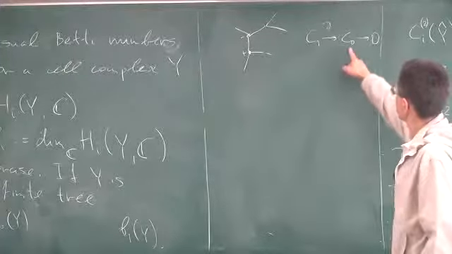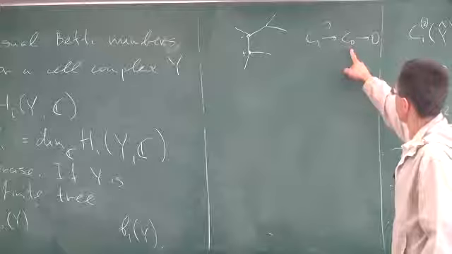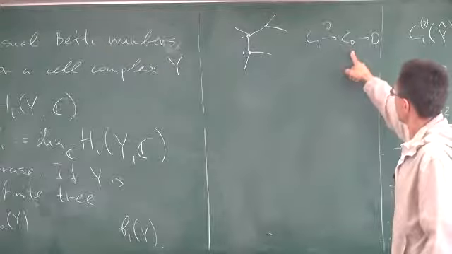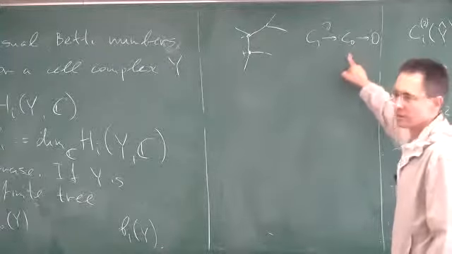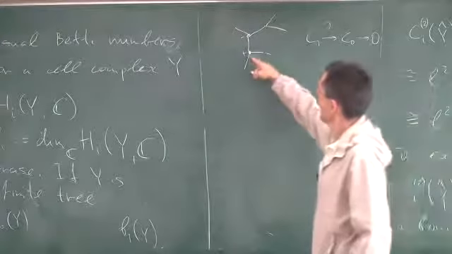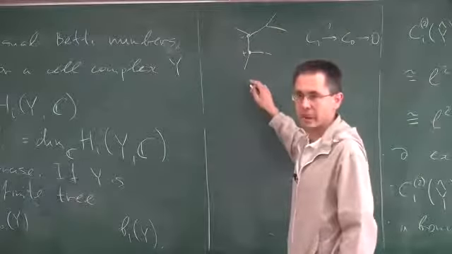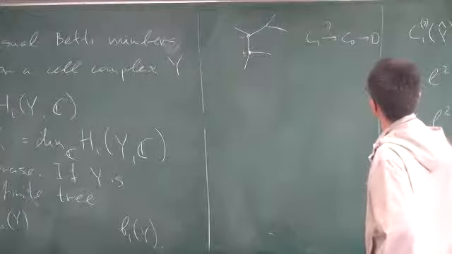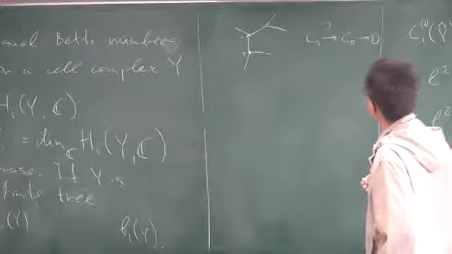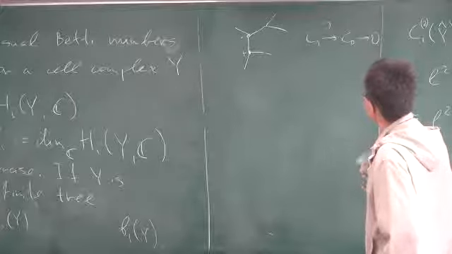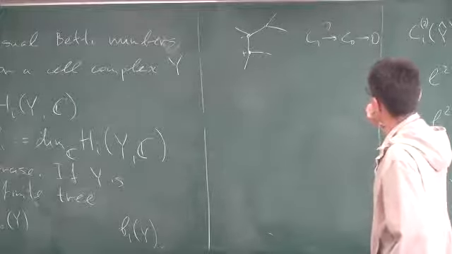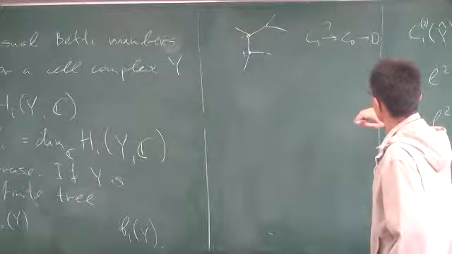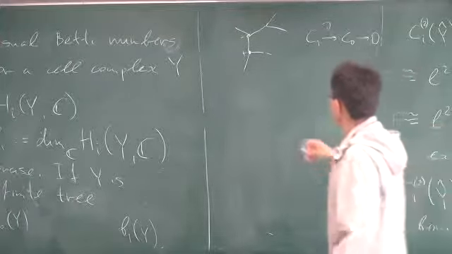All I want to say is, what's the zero-dimensional homology first? So what is this homology? They are all identified. All those vertices become identified; they map to the same thing here. So you have to take a quotient of zero by the image.